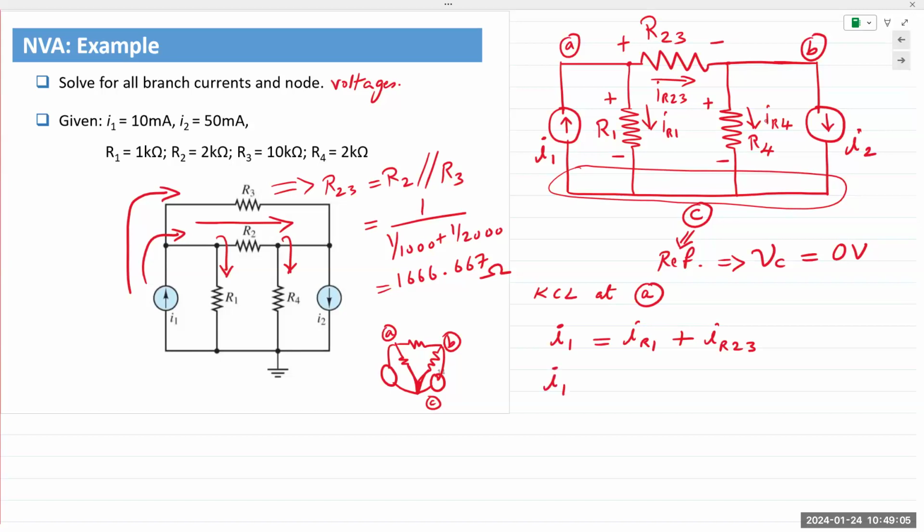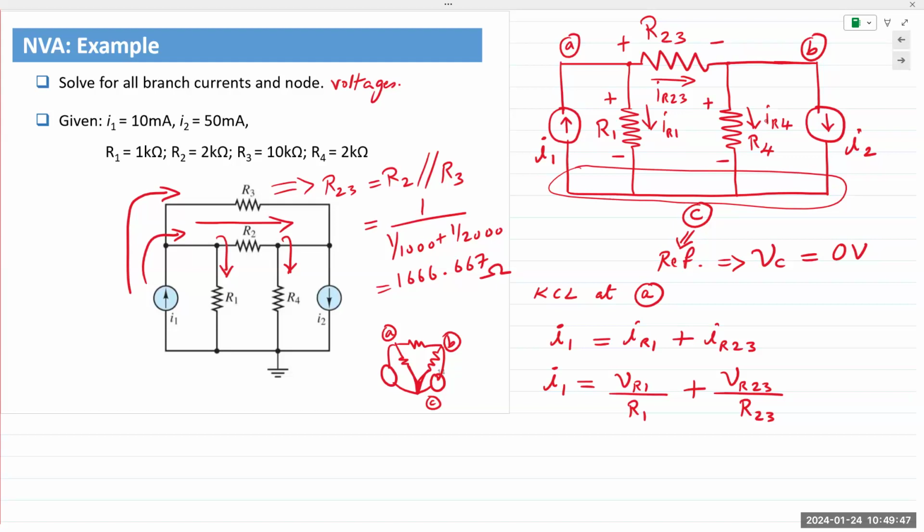I1, of course, is given to us. It remains the same. IR1 becomes VR1, the voltage across R1, divided by R1. And IR23 becomes the voltage across that resistor, VR23, divided by R23. The voltage notations are not noted in the schematic, but at this point in the class, students should be familiar with that. If you see a component R1 and you see VR1, it refers to the voltage for that component R1.